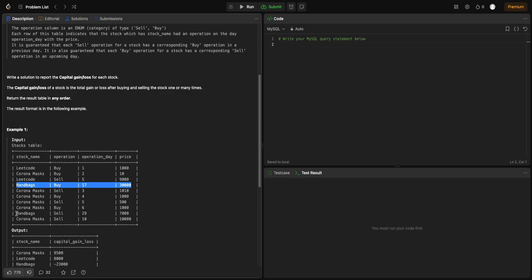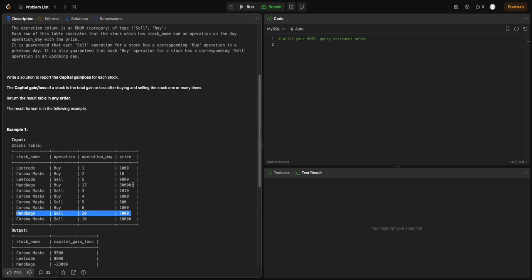There is another record with the stock name as handbags, but here the operation is sell and the price is 7,000. One observation we can make here is that the selling price is less than the buying price, and this essentially means that we are going to have a loss.